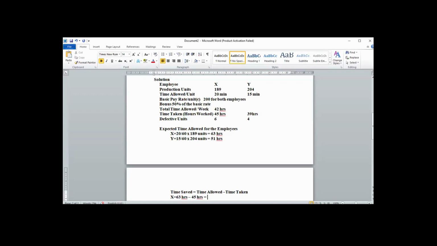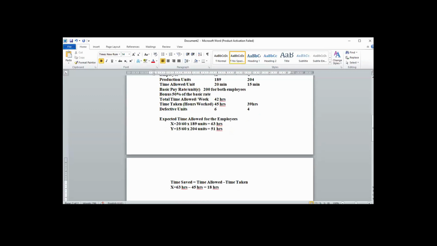No, it should be 18. 63 minus 45: borrow one from 6, that's 13. 13 take away 5 is 8. For X that should be 18. Is that clear? Yes, sir. 18 hours. It is clear now.